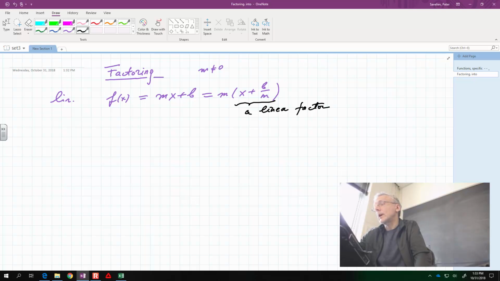Why did I not take the original one? After all, the linear polynomial is a linear factor to begin with. This is more advantageous because we can look at it and we can tell right away the meaning of this. What's the meaning of b over m?